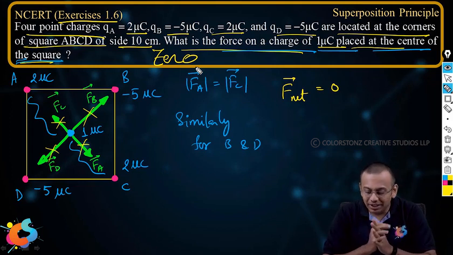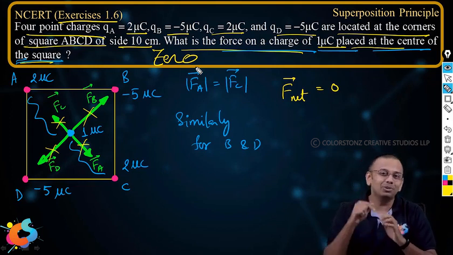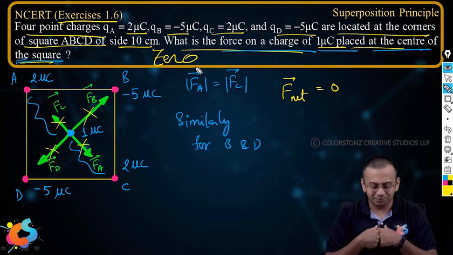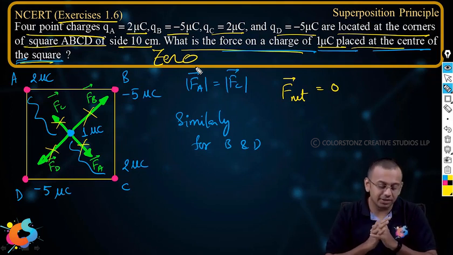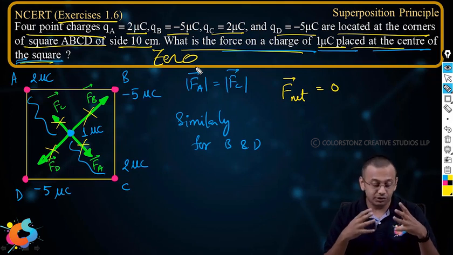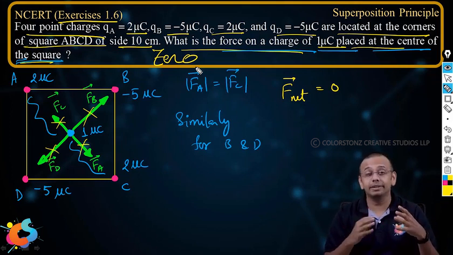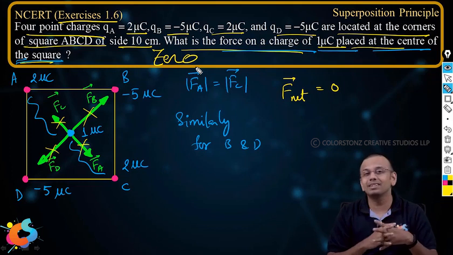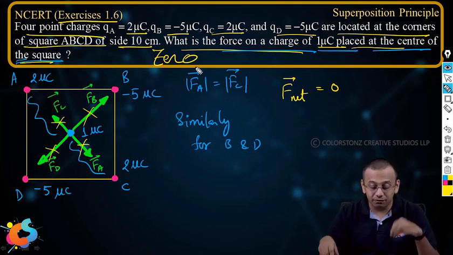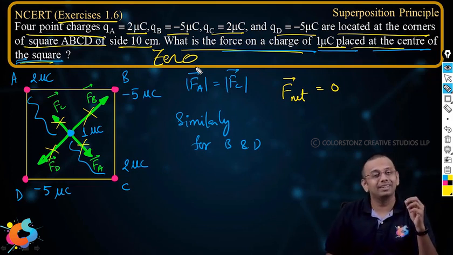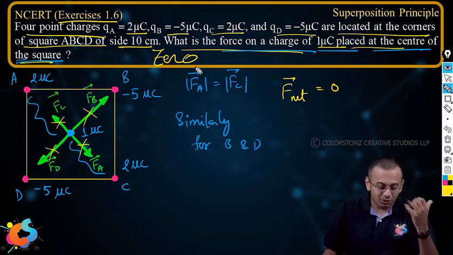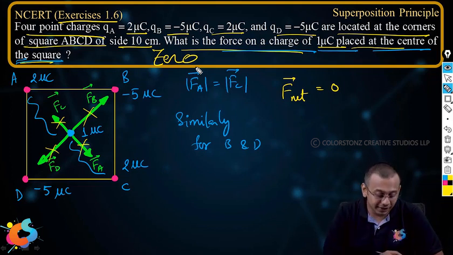So this was similar to the first question that we have taken. There we had an equilateral triangle, 3 charges. Here we have 4 charges, but not all identical. They are kept on a square, but there is certain symmetry which is making the force on the central particle 0. I hope this question was clear to you.